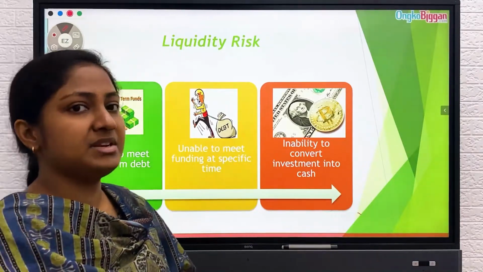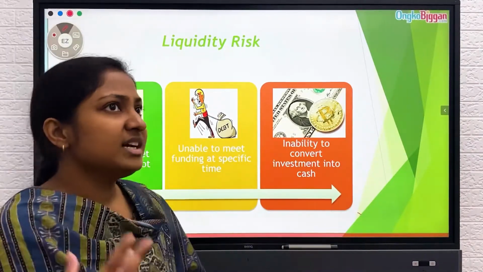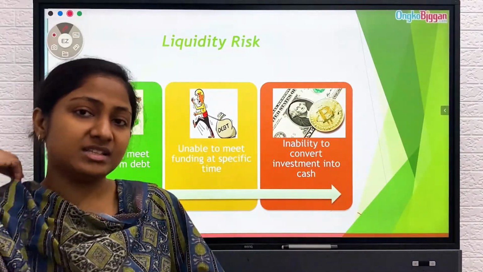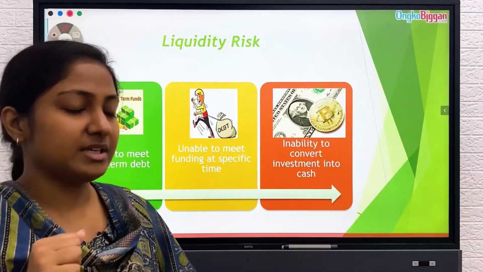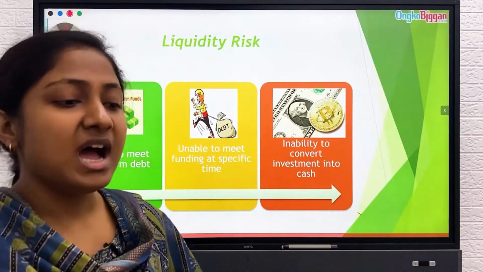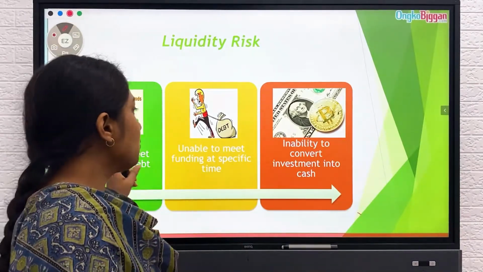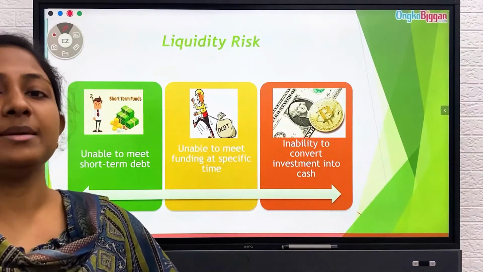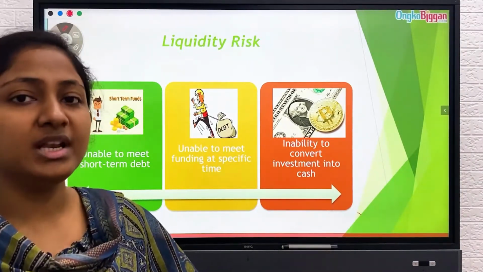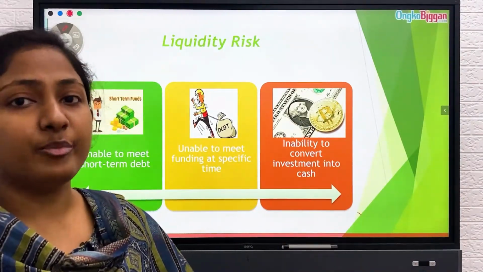For example, I am an investor in your company. It is very uncertain when investors want their money instead of their investment. For example, I am saying that after 1 month, I need my money back immediately. So this 1 month is a specific time, because I have already informed that after 1 month I will get back my cash instead of the value of my investment.